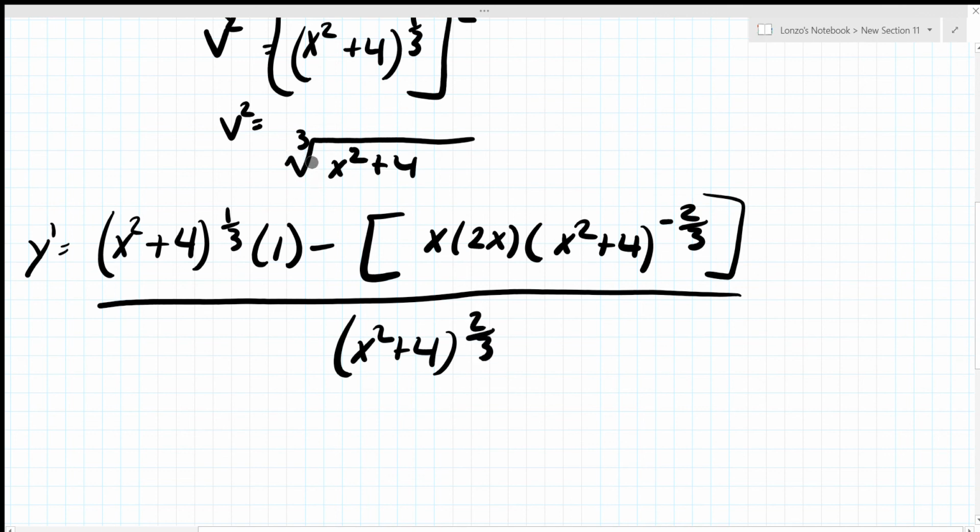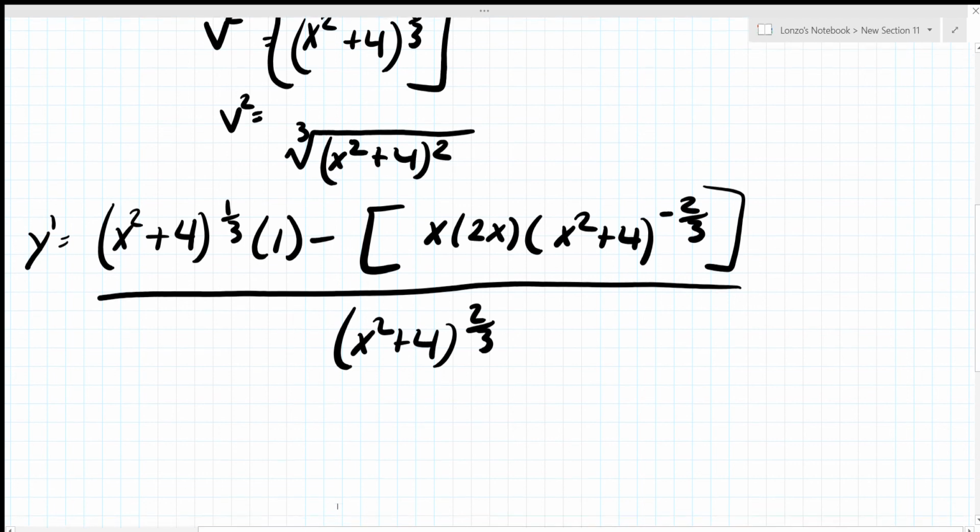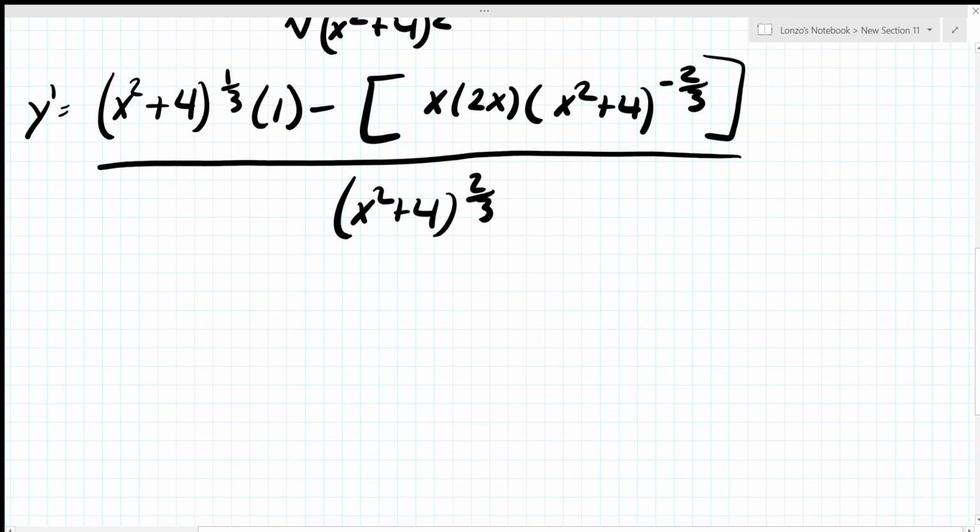This cube root is the same thing as the 1/3 power. I should put a square right here. Okay, so now I can actually factor out something.